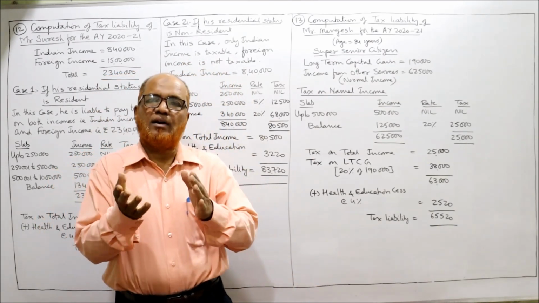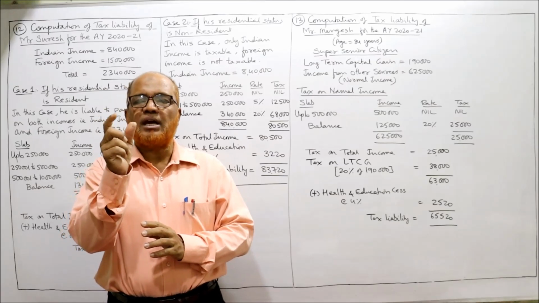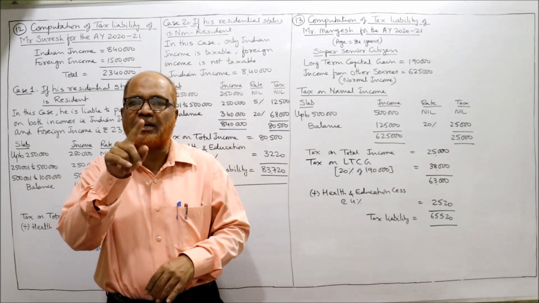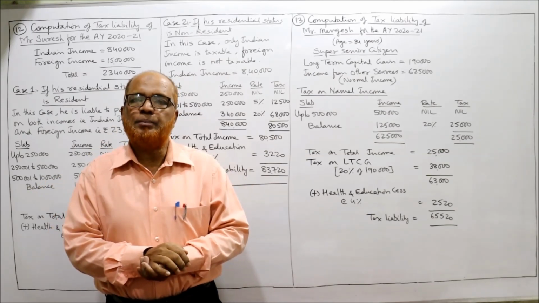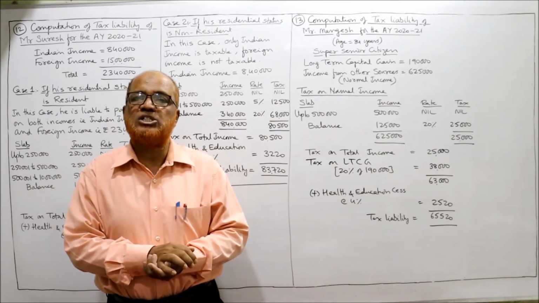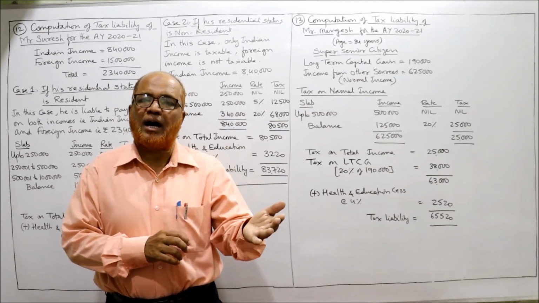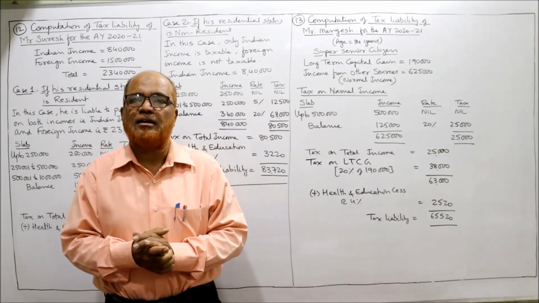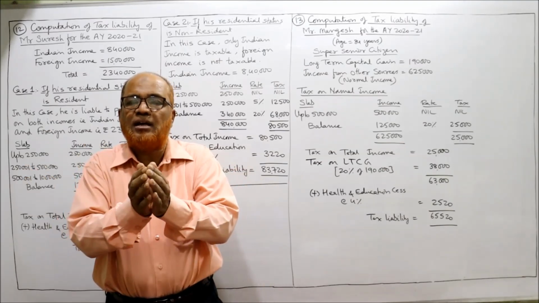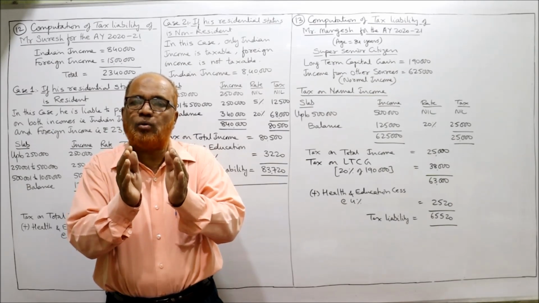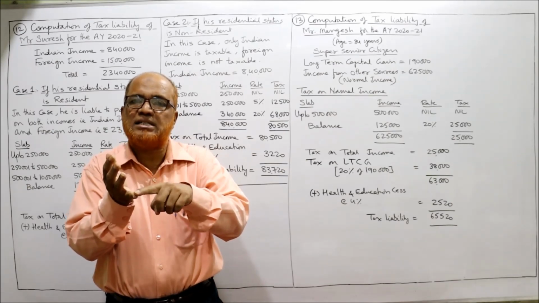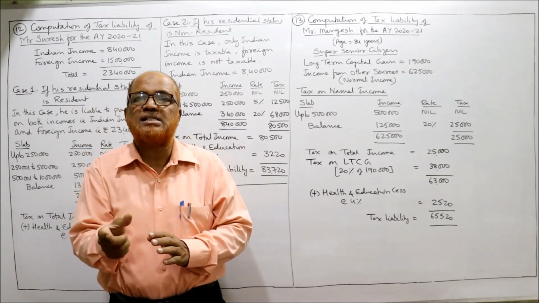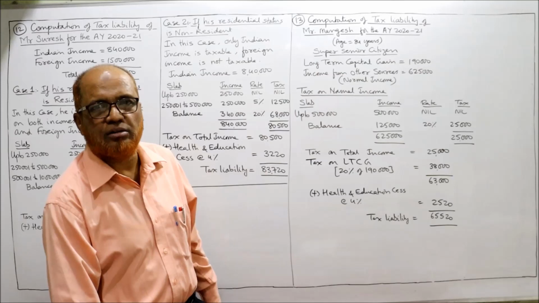Long-term capital gain is a special income on which there is a flat rate of tax 20%, and income from other sources is a normal income on which slab system will apply. So we cannot add up both the incomes. Separately we have to calculate the tax on LTCG at 20% flat, and on other sources we apply the slab system. That is the provision, right?